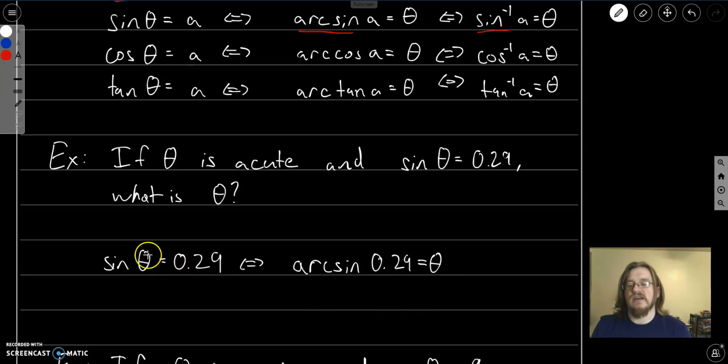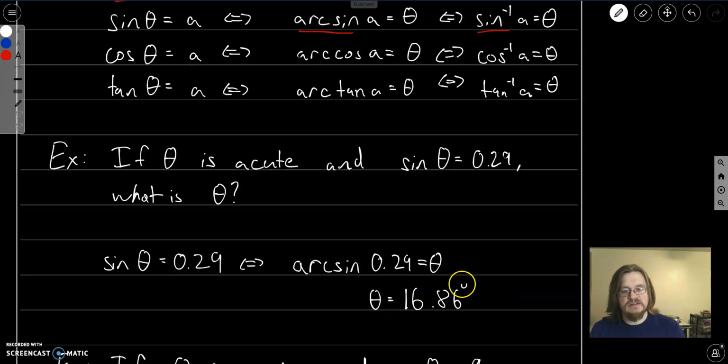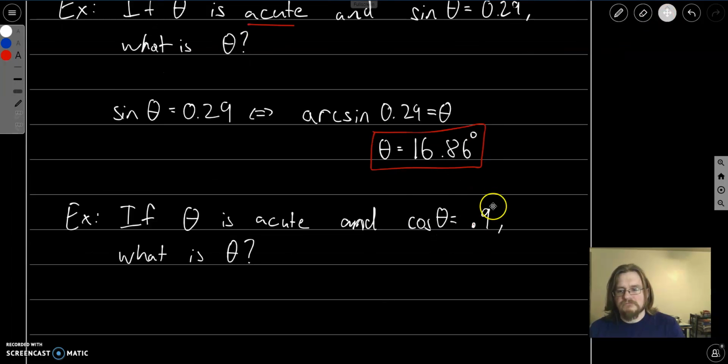So again, in order to get the theta out of the sine, I use the inverse sine function, and we found that that was 16.86 degrees. And notice that we wanted it to be acute, and our answer here is acute. This is an acute angle. So let's look at the next one.